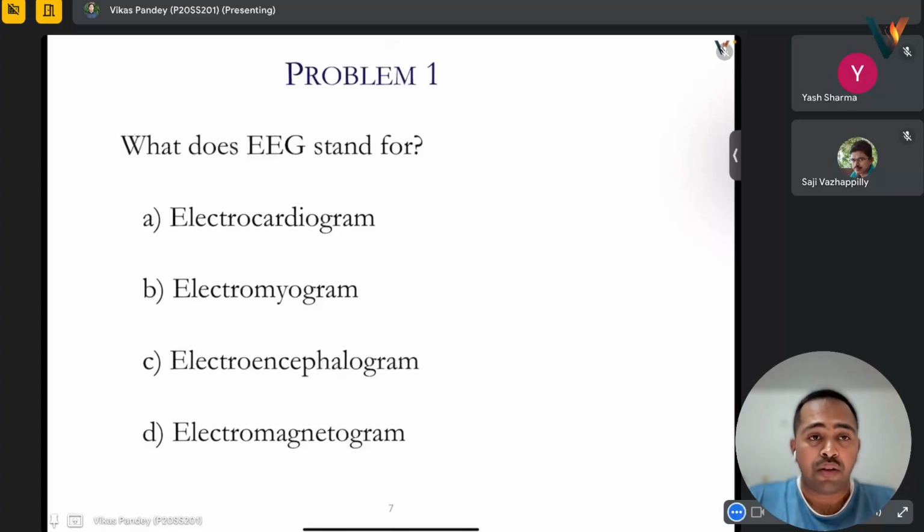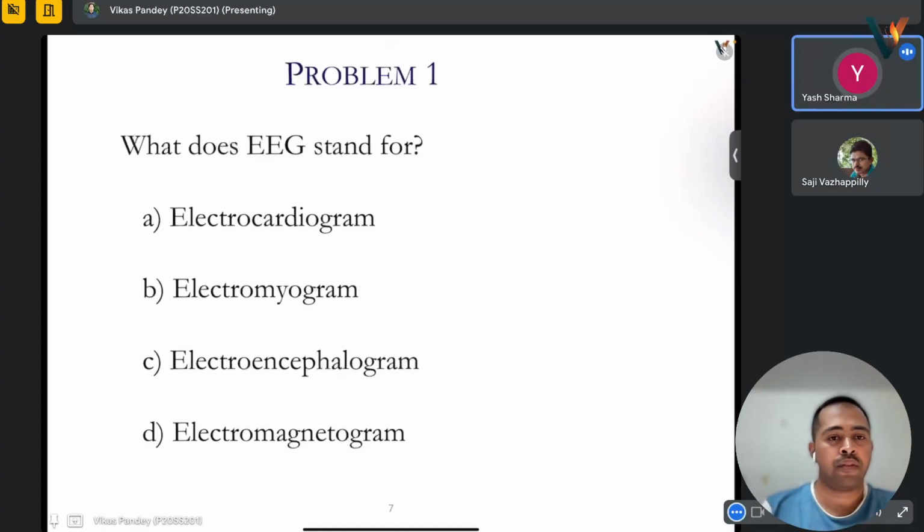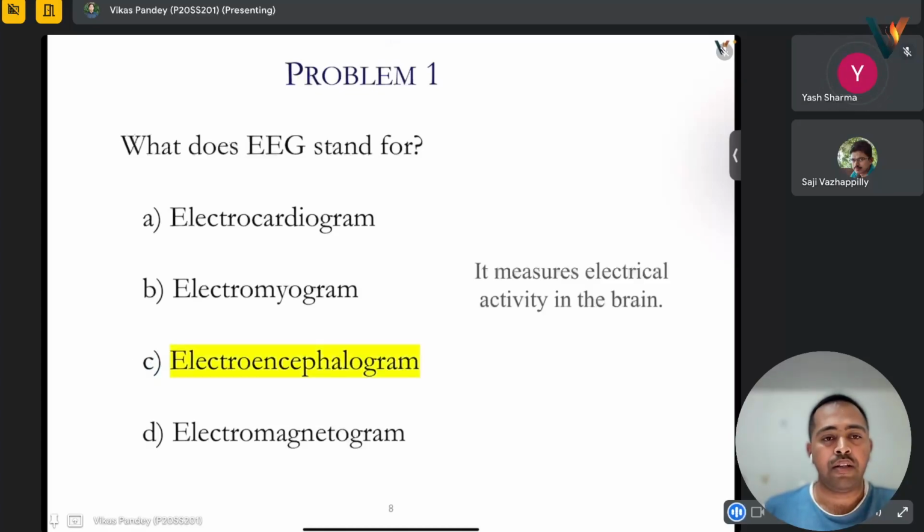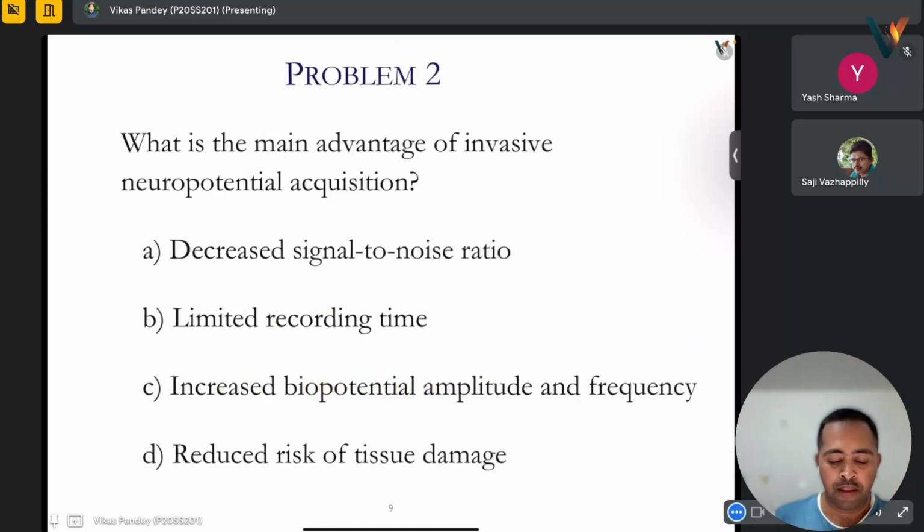What does EEG stand for? Electrocardiogram, electromyogram, electroencephalogram, electromagnetogram. Electroencephalogram. That is C, right? Yes, sir. It measures the electrical activities in the brain. And this is a non-invasive technique. What is the main advantage of invasive neuropotential acquisition?